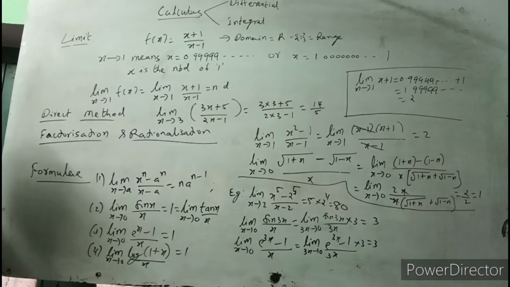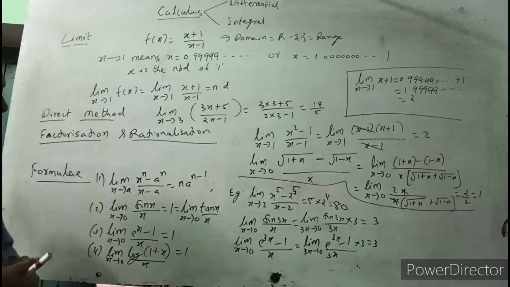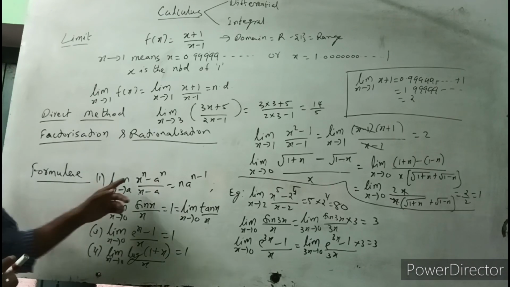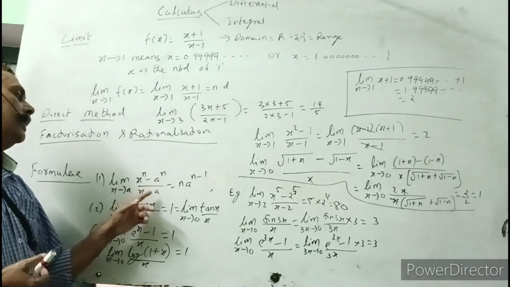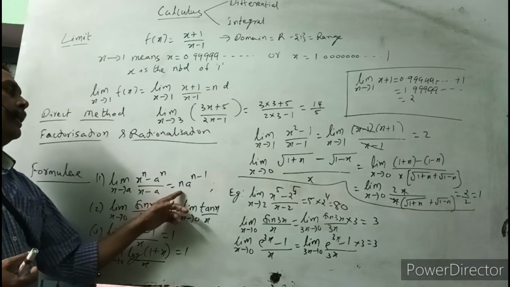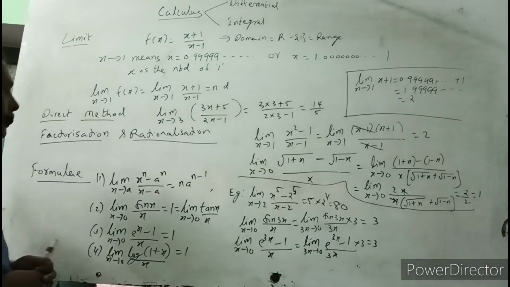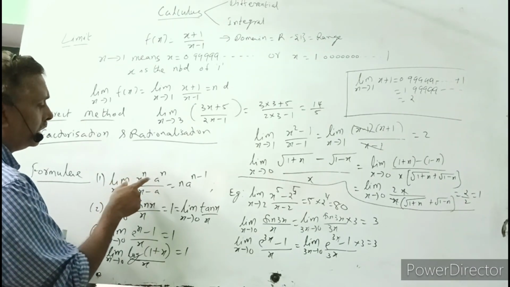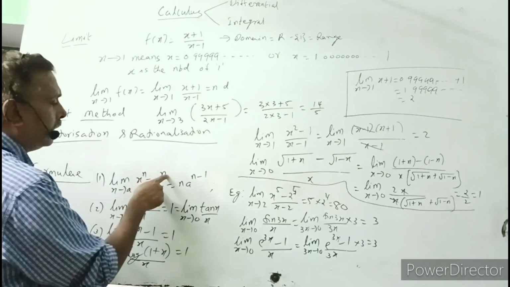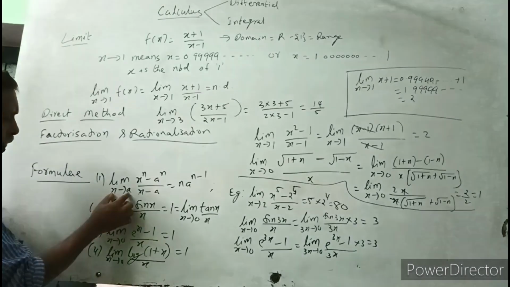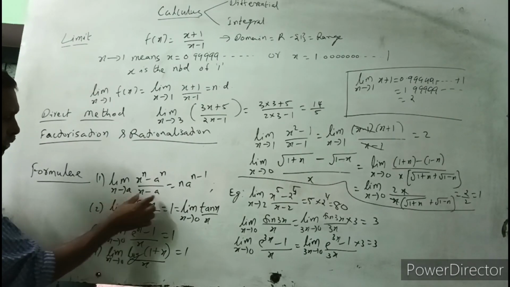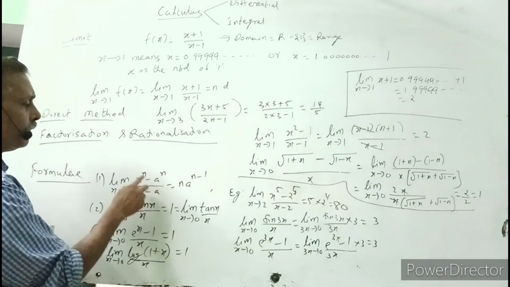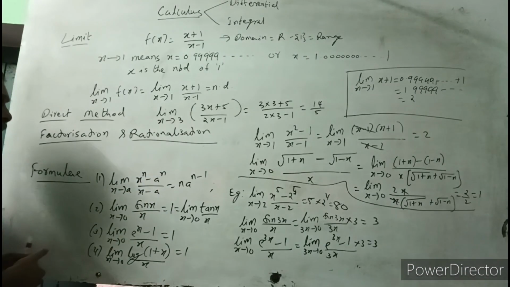Then the third method is called the formula method. There are a few formulas in limits. One is limit x tends to a of x raised to n minus a raised to n upon x minus a is equal to n into a raised to n minus 1. Here you see x raised to a number, the same number is written on a, and the difference between these two is in the denominator, x minus a, and both of the numbers contain the same power.